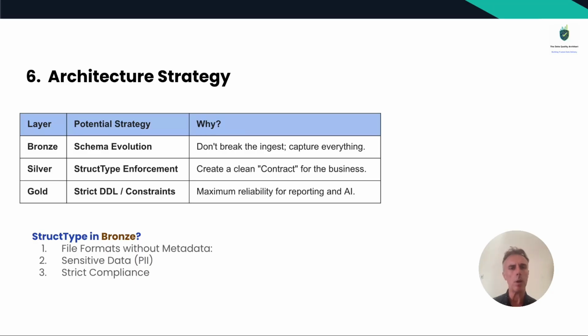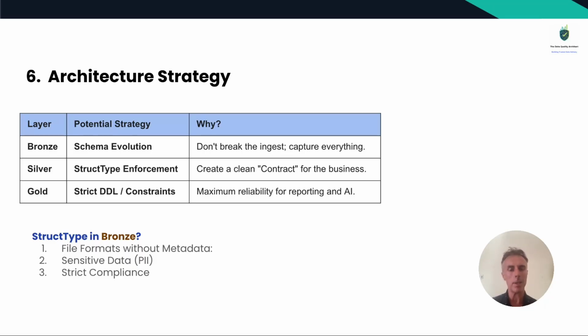Now with silver and gold, it's really the refined quality stage. Silver is where the data quality theme truly begins. It's where you filter, where you clean, and where you join data. Here predictability is king. Downstream consumers, like Power BI or machine learning models, expect silver and gold tables to be rock solid.